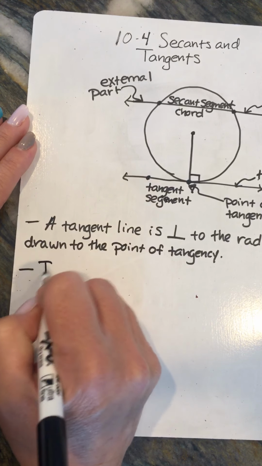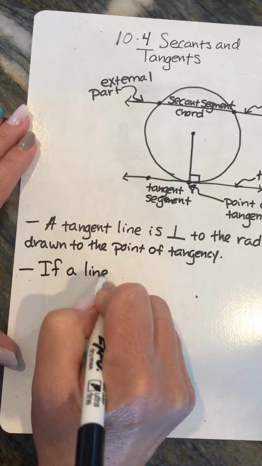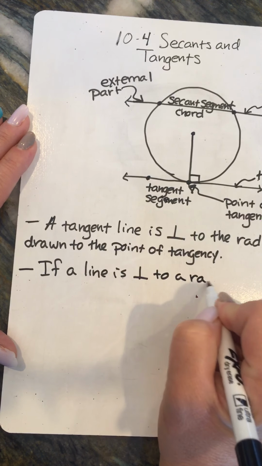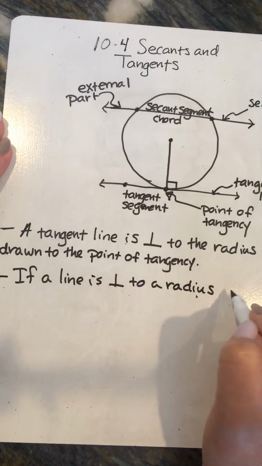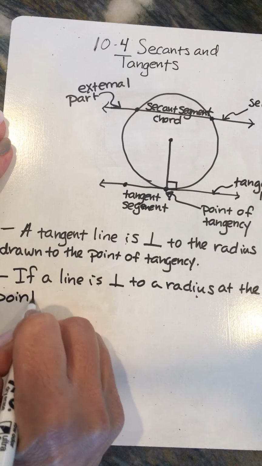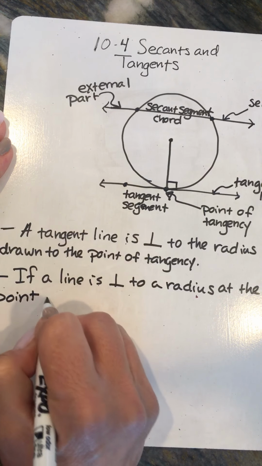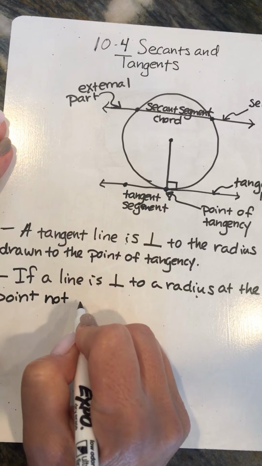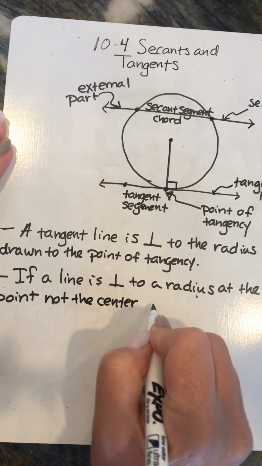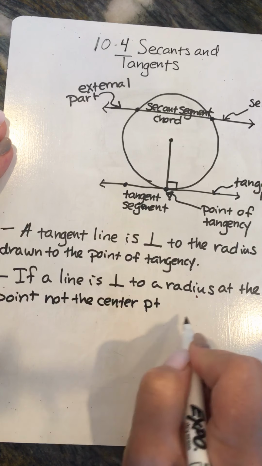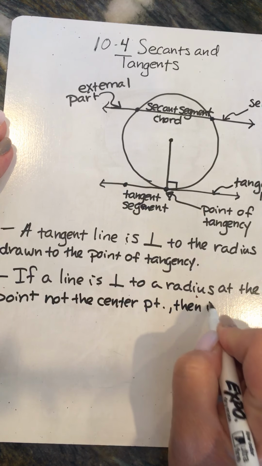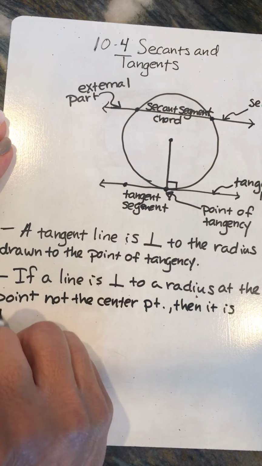So if a line is perpendicular to a radius at the point not the center point, then it is tangent to the circle.